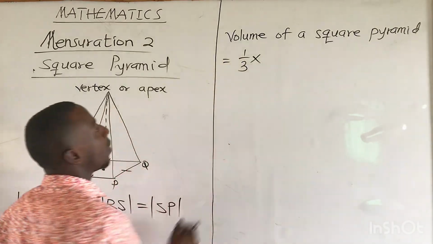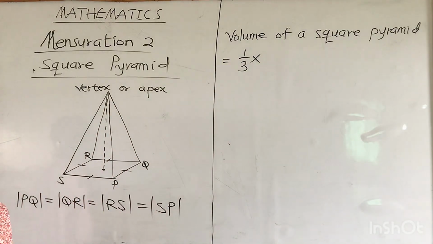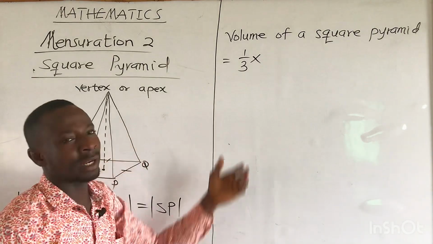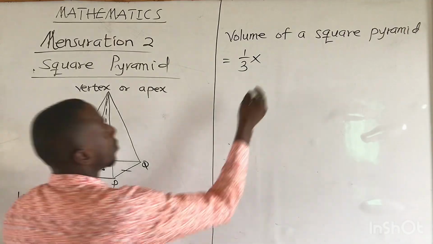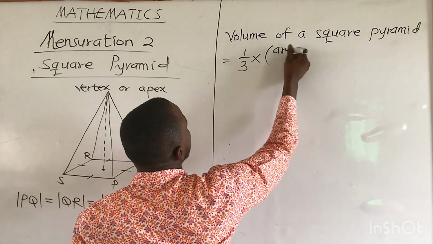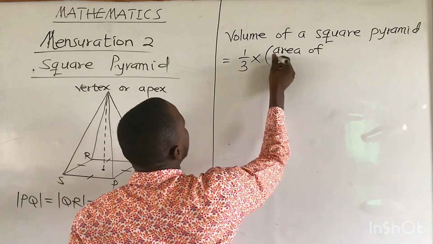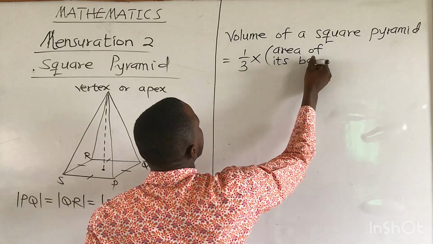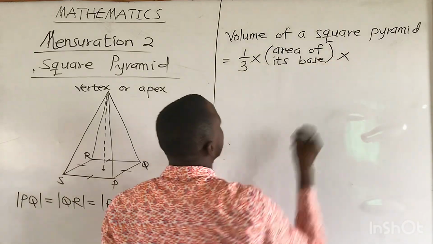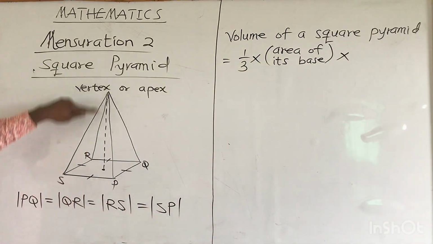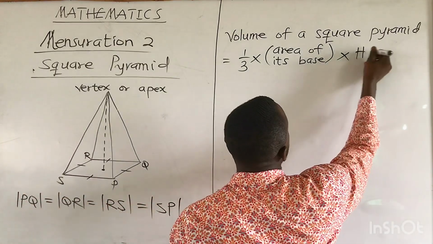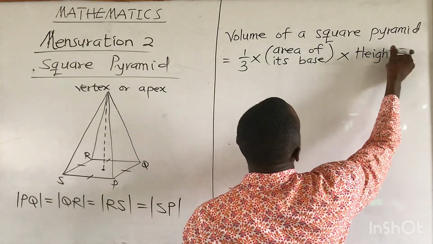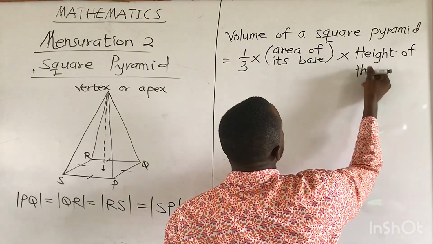You must start with 1/3 if and only if the solid figure is a pyramid, multiplying the area of its base times the height of the pyramid.